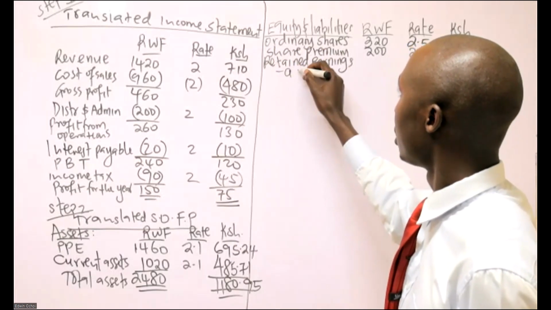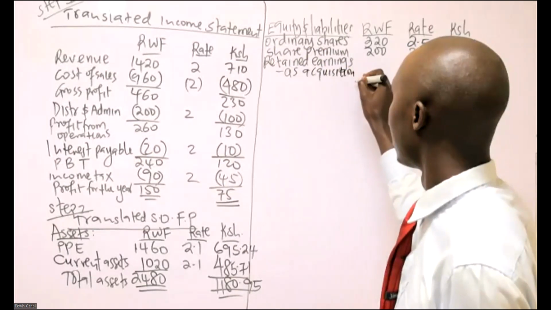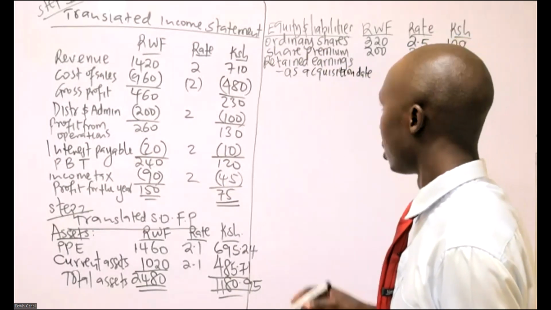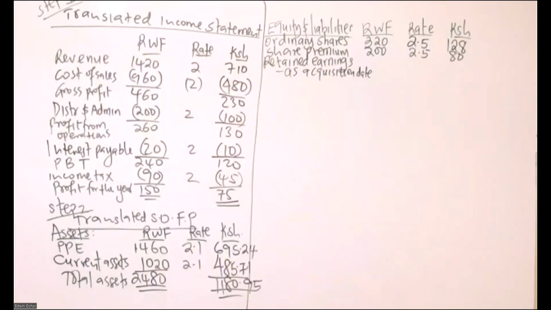So as acquisition date, so when the subsidiary was acquired, the retained earnings was as at the date when the subsidiary was acquired.